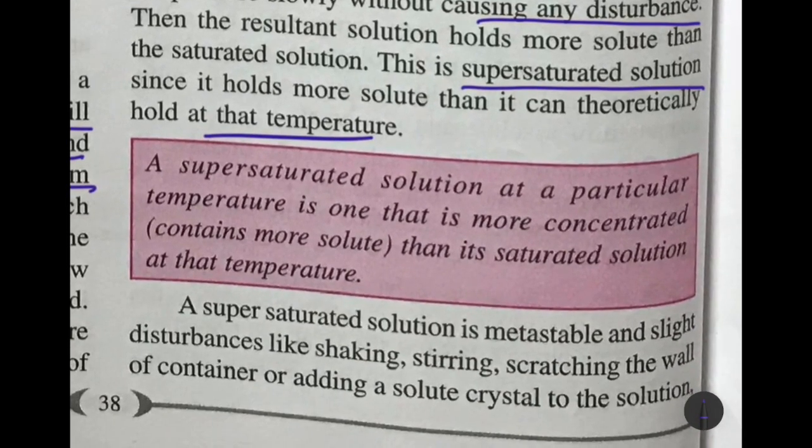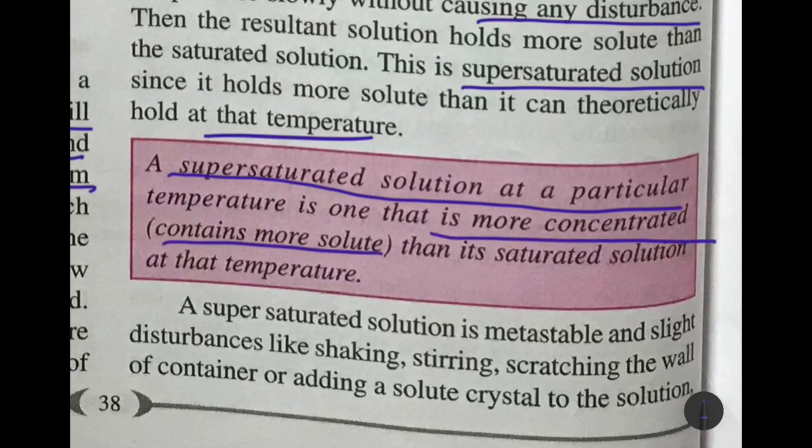So the definition: a supersaturated solution at a particular temperature is one that is more concentrated, that is, it contains more solute than its saturated solution at that temperature. Remember, temperature is very, very important.